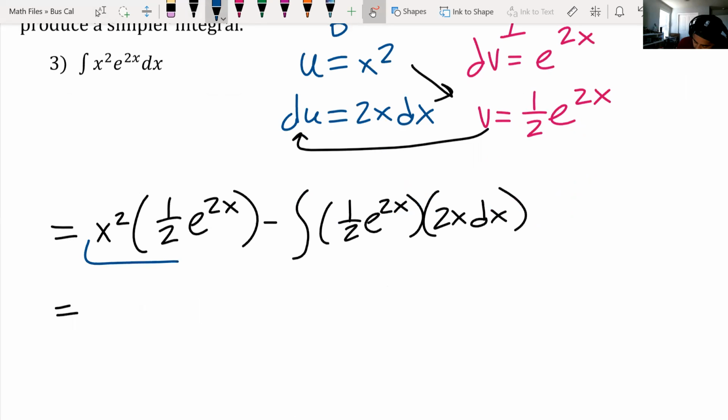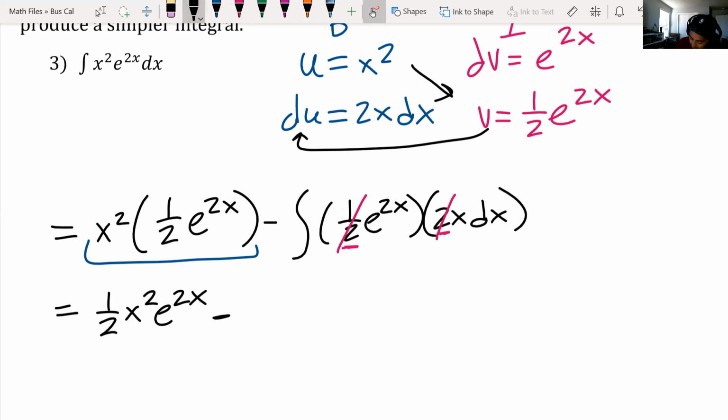And now clean up, make it look nice. On this first term, I'm just going to bring that 1/2 to the front. So you'll get 1/2 x squared e to the 2x minus, on this next one, your 1/2 and your 2 will cancel because 1/2 times 2 is 1. So those will cancel. So gone, gone.